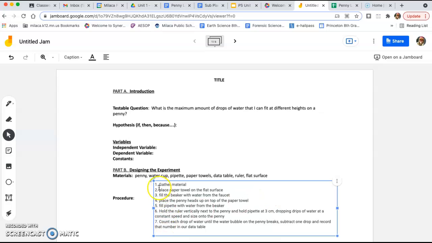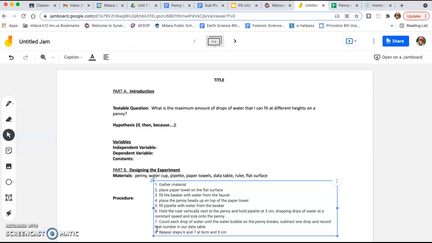And we said we don't need to rewrite the whole procedure. We can just say repeat steps 6 and 7 for, or you could say at 6 centimeters and 9 centimeters.